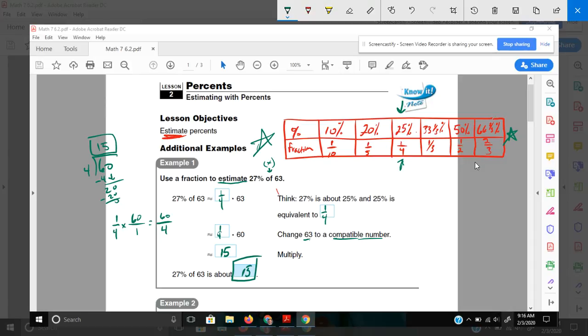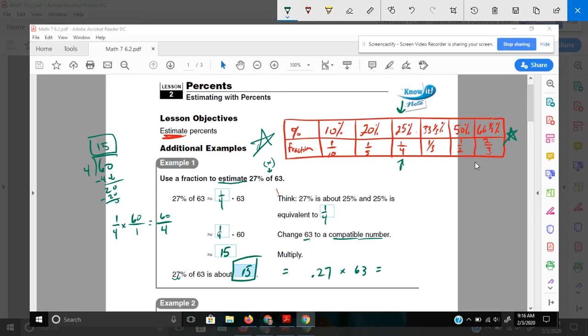Okay. And if you wanted to double check with your calculator to see how close you are, be my guest. Remember, you can write percentages as decimals by moving the decimal 2 spots to the left. So that's the same as 0.27. Remember, of means multiply, 63.